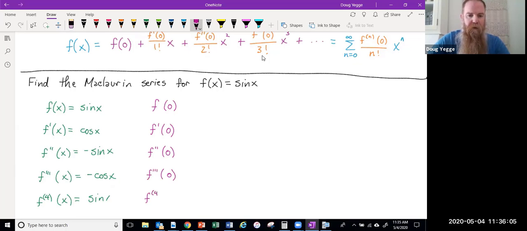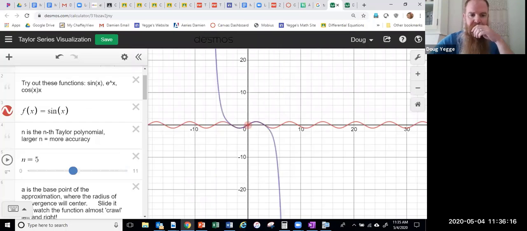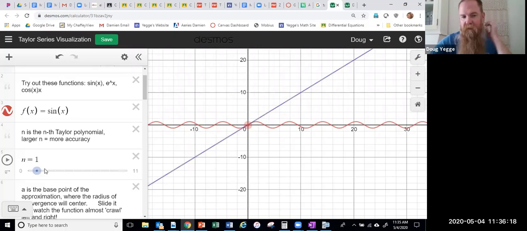Now, before we do this, I'd like to revisit that Desmos graph. Remember how we said that there was a linear approximation? It was right there. But there was no quadratic approximation?